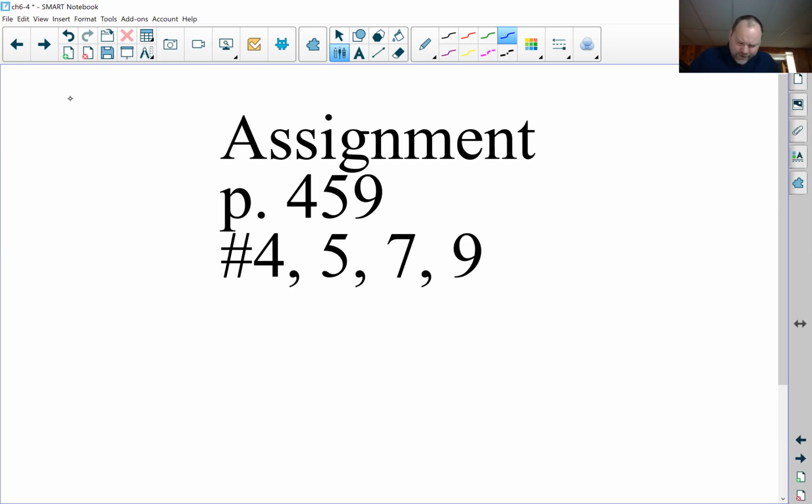On 4 and 5, it asks you to set up the integral and then use your calculator, and they want them rounded to 4 decimal places for both 4 and 5. For 7 and 9, you can find the exact length of the curve. So there will be no need to approximate the last two.